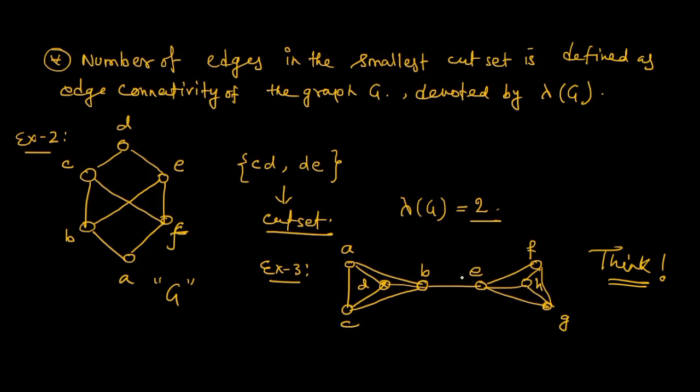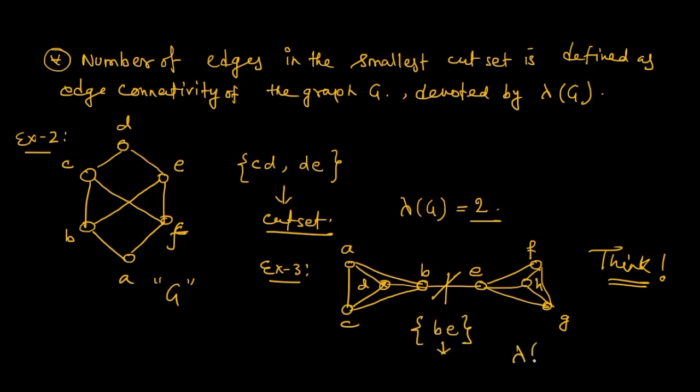You can pause this video and try it by yourself. You will see that if you simply remove this edge BE, then it becomes a disconnected graph, and it is also a minimal choice. In fact, this set BE is the smallest cut set you have.